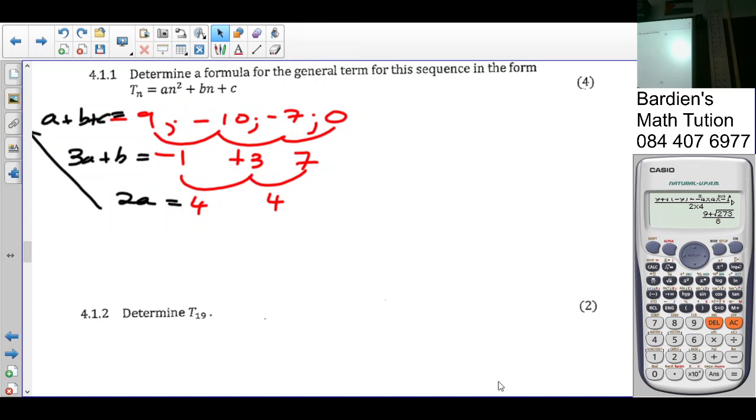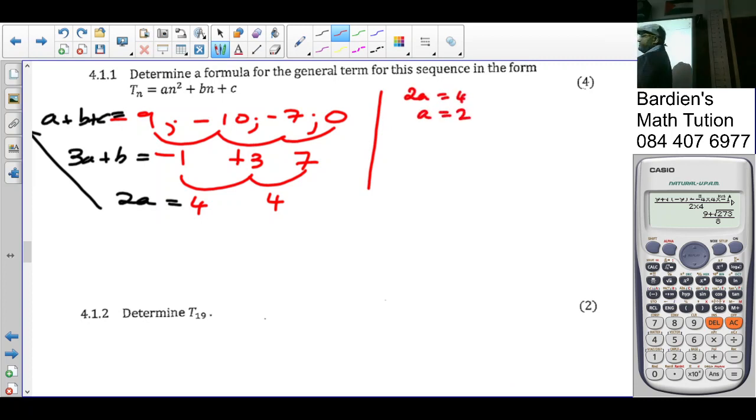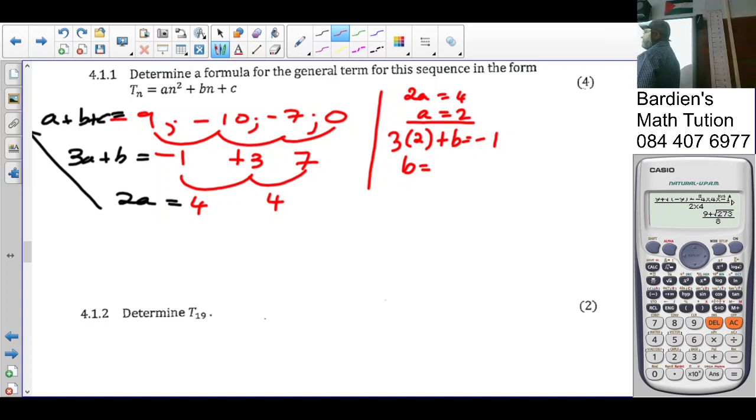So what do I write here on the side? 2a is equal to 4. So a is equal to? Not so? 3a, 3 times 2 plus b is equal to negative 1. So it's going to be b is equal to negative 1 minus 6, negative 7.